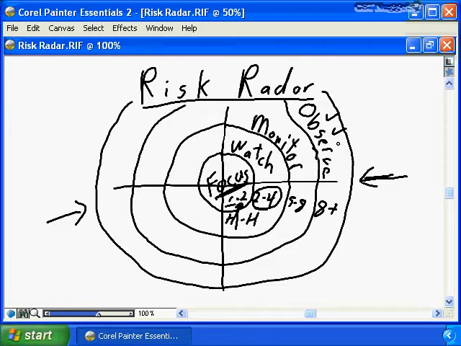Just because they're 8+ weeks out, they could still have actions happening against them that change your impact, change your assessment of the risk. It may change the timeline. It may change the urgency. It may change the impact of the risk that's going to necessitate moving the risk in from the observe ring to the monitor, to the watch, or even to the focus.